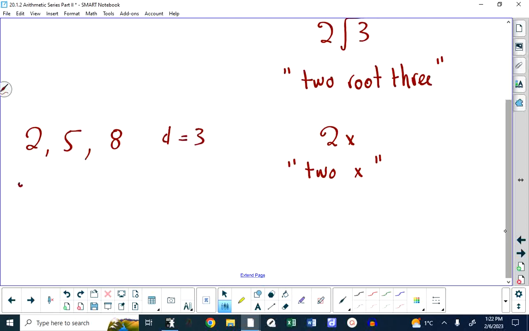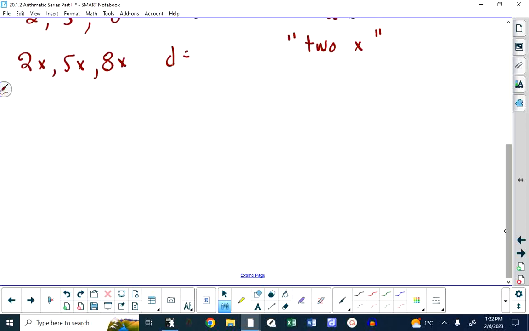What if I had... what's the common difference here? Boy, my brain just does not want to write an 8 today. What's the common difference here? Go ahead. 3x. And what that literally means, we don't often talk about this, but this first term is 2 x's.